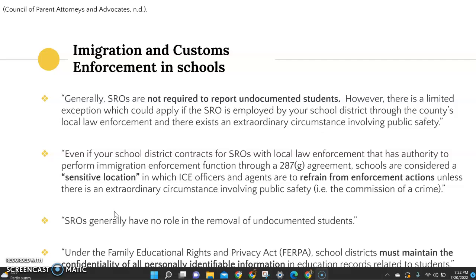School is considered a sensitive location, and ICE officers and agents are to refrain from enforcement actions unless there are extraordinary circumstances, including public safety. And under FERPA, school districts must maintain the confidentiality of all personally identifiable information.